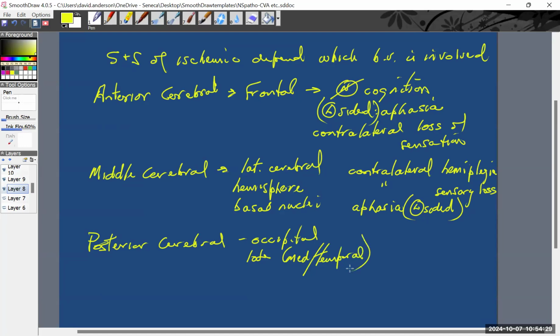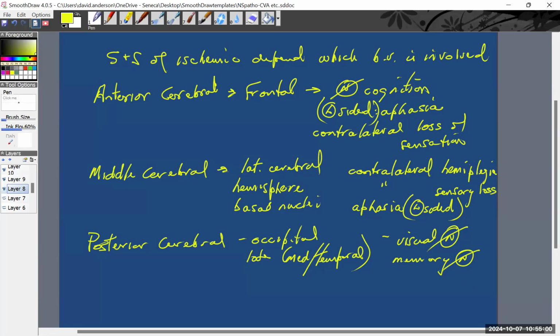There's going to be overlap. That's why we need to be aware of the anatomy. If we have posterior cerebral blockages, then we're definitely going to have some visual pathology, because that's where the primary visual cortex is located. We may have some memory pathology, and that really would apply to all three of these areas to some degree or another.